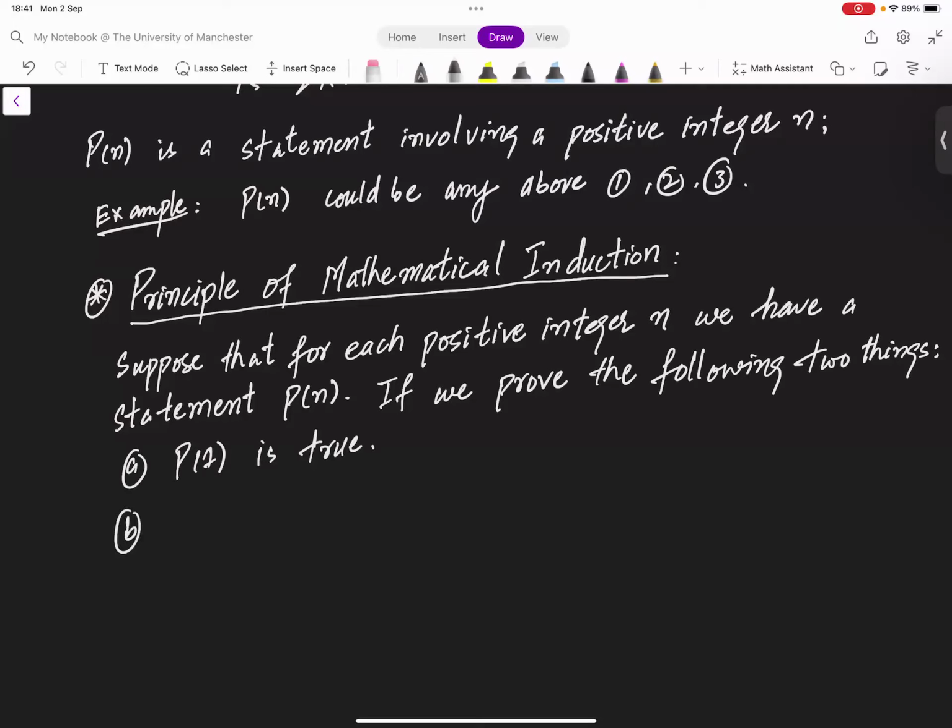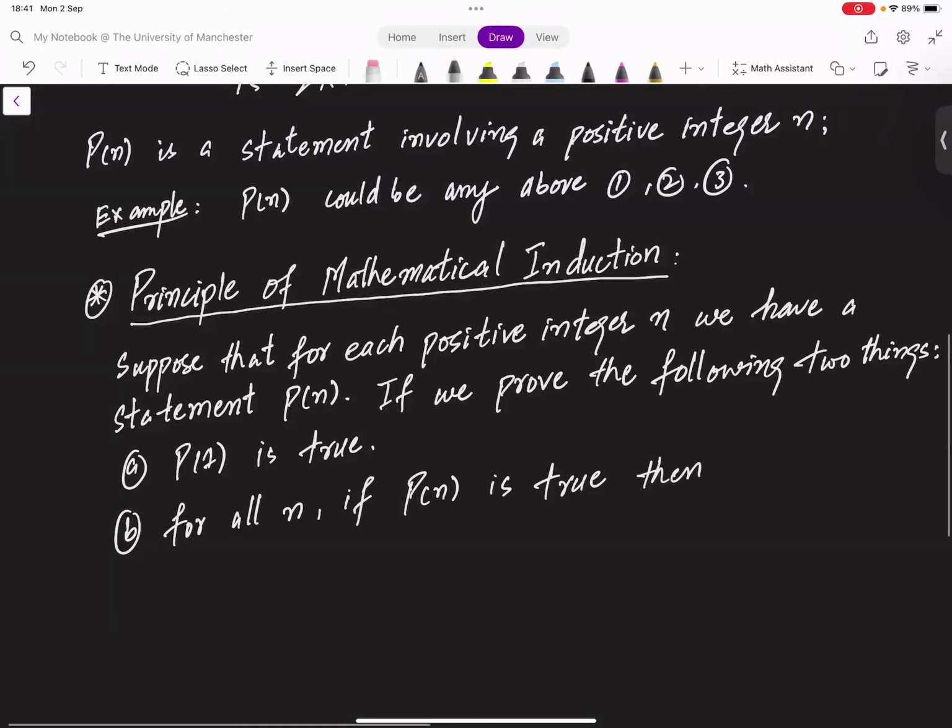B, for any value of n, if the statement is true, then the statement should be true for n plus 1.